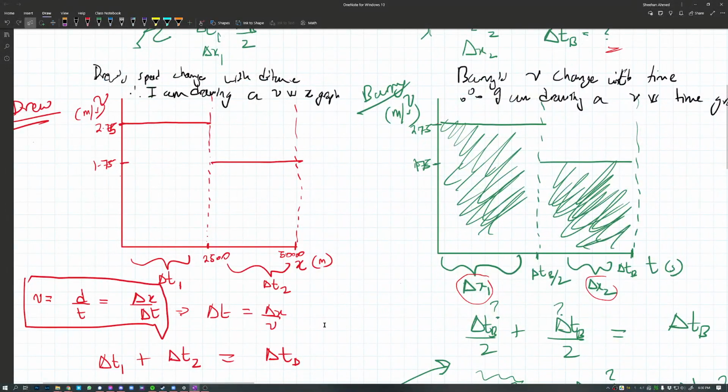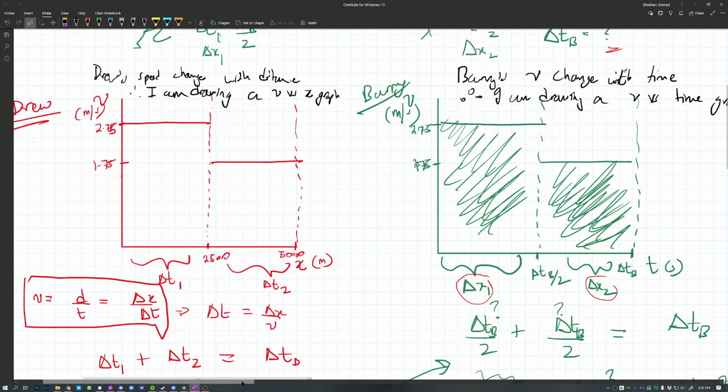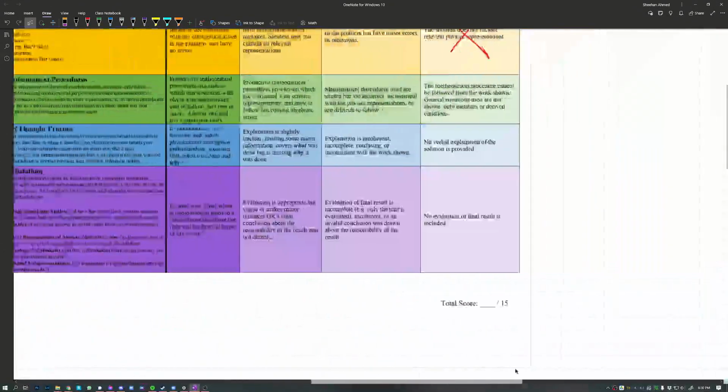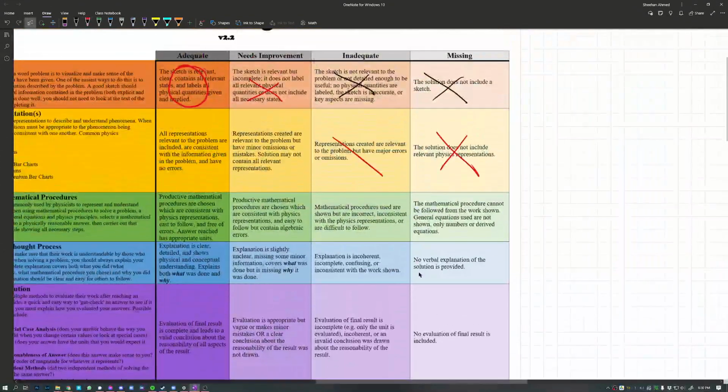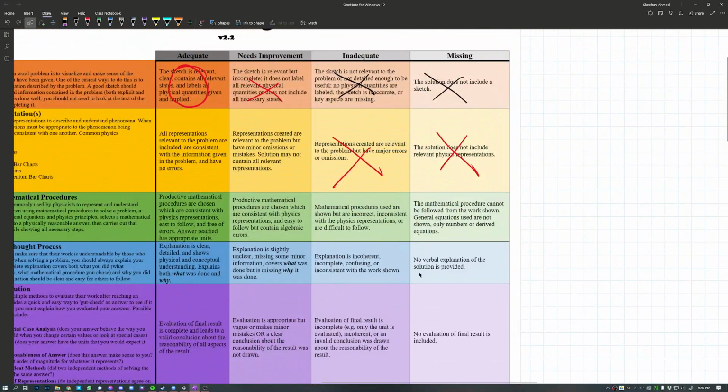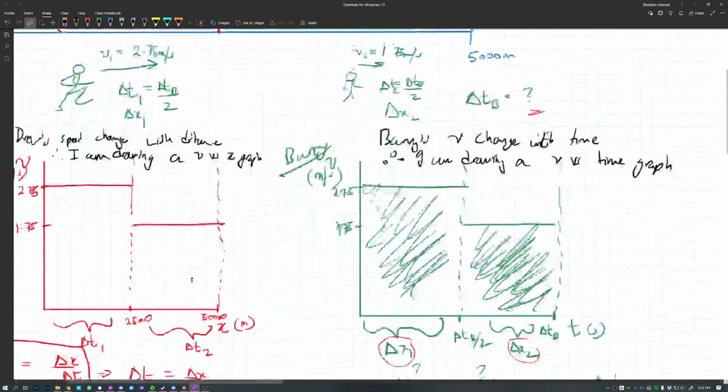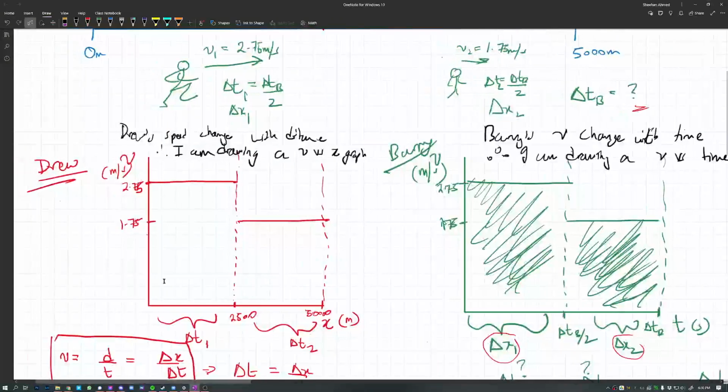I even used one of the graphs to do an evaluation, so I think I can reasonably cancel this out. Representations created are relevant to the problem but have minor omissions or mistakes. Ooh, yeah, this is easy to do, right? Let's check if there are any minor mistakes. Did I label them? That's a mistake I always end up making.